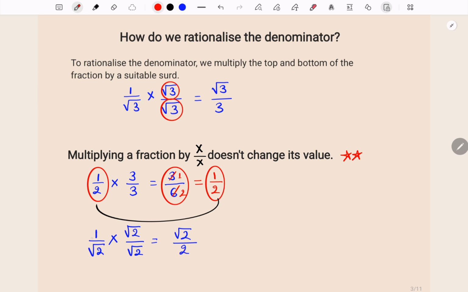So we need to remember that this fraction 1 over root 2 is equal to root 2 over 2. We will use this simple property to rationalize the denominators.